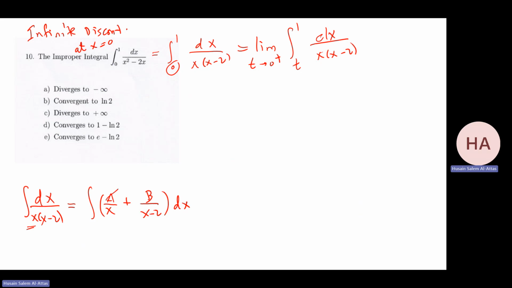Cover the x, 0, that will be minus half. 2, that will be half. That will be correct. So it's minus half then absolute value of x plus half then x minus 2 plus c. So that will be half then x over x minus 2, this is the positive part over x plus c.